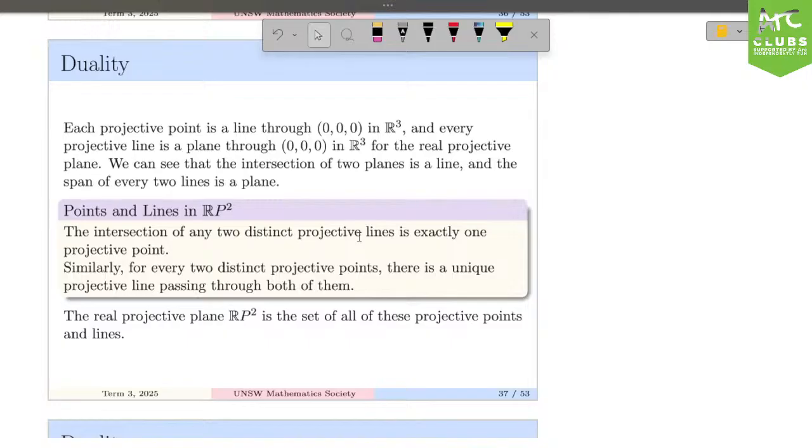So you've noticed that both a point and a line in the projective plane can be described by three real numbers, because a point is the span of (x0, x1, x2), and a line is just the set of points that satisfy a0 plus b x1 plus c x2 is equal to 0.